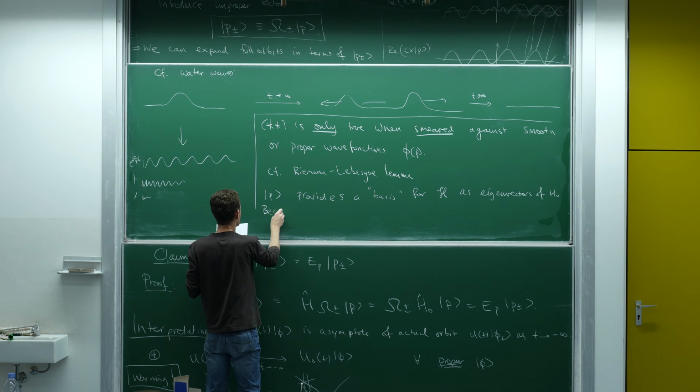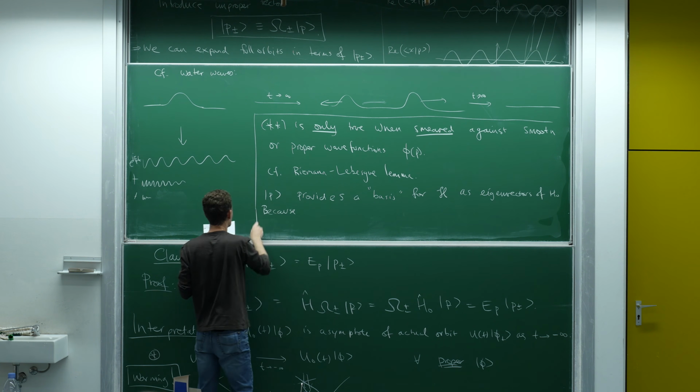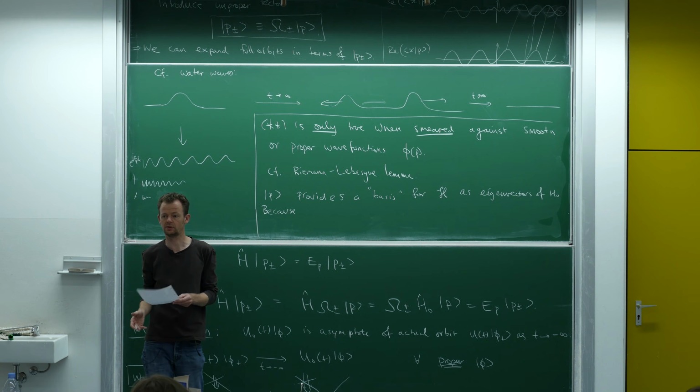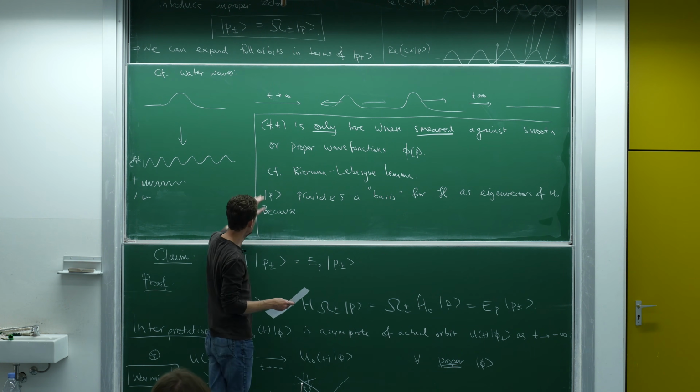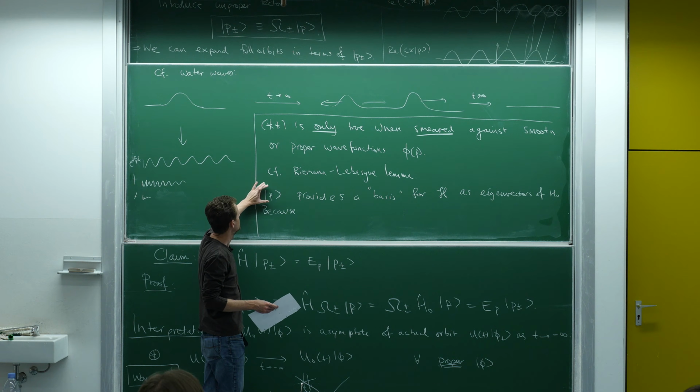Now, I want you to recall something we said about asymptotic completeness. These p's provide a complete basis for our Hilbert space H. But these p plus minuses do not, in general, because of the existence of bound states.